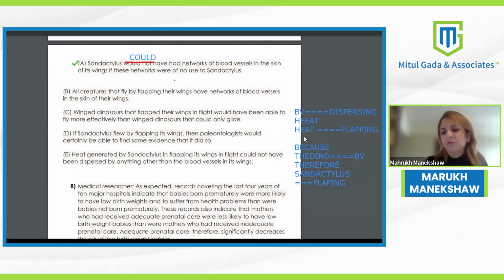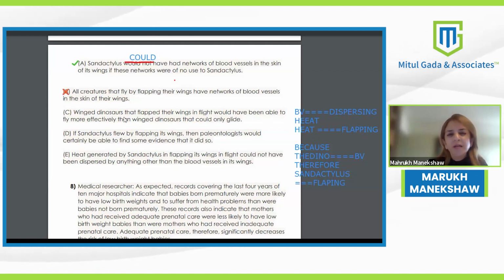Flapping may even cause dispersal of wind or something else. So it is not necessary that heat is generated only when flapping happens, but flapping can happen even without it. So that makes B incorrect. There is more than one ground on which you can eliminate B.